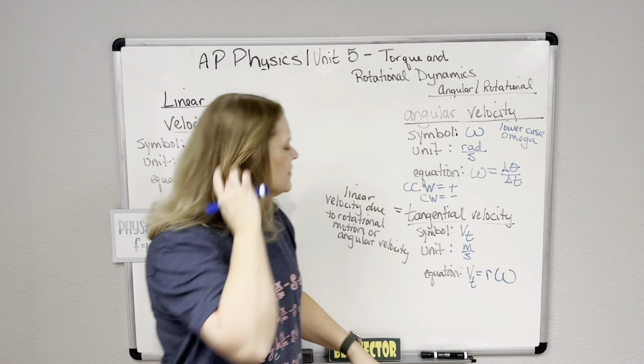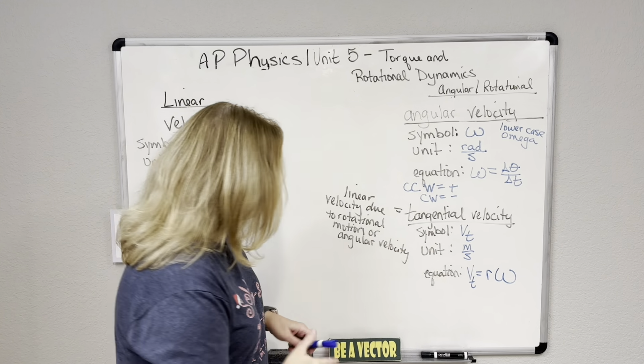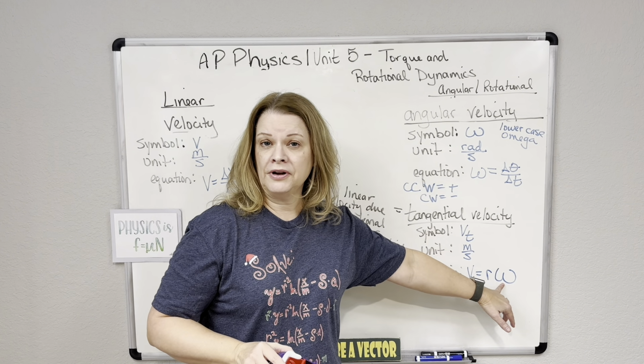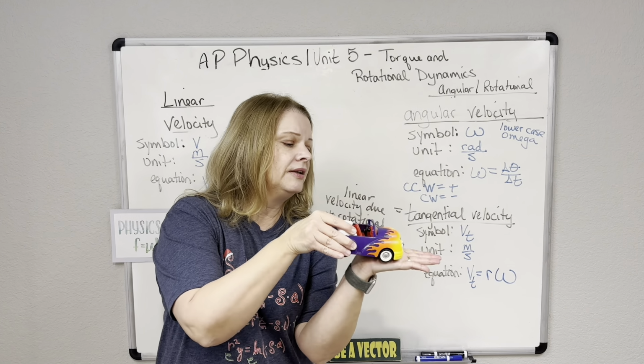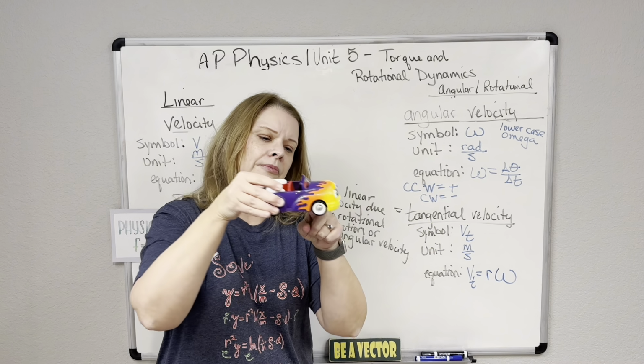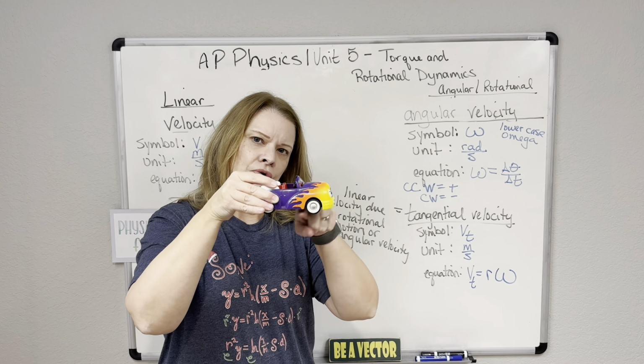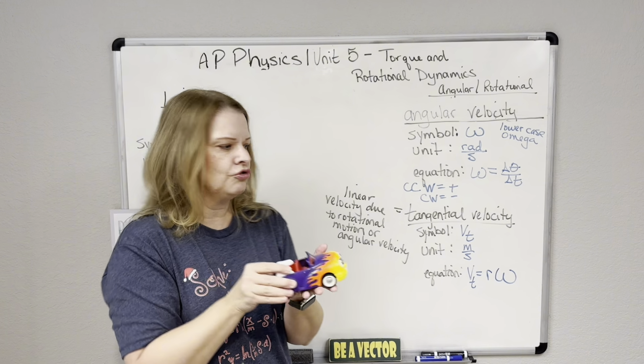So in other words, if these wheels are spinning slow, and it's a small angular velocity, because they're not spinning very fast, then my tangential, that linear velocity, is also going to be slow. And by the way, that is tangent to those wheels. That's why it's called tangential velocity.